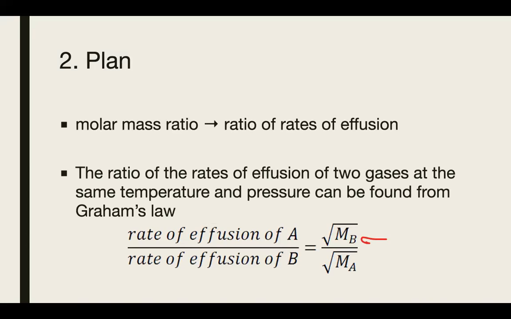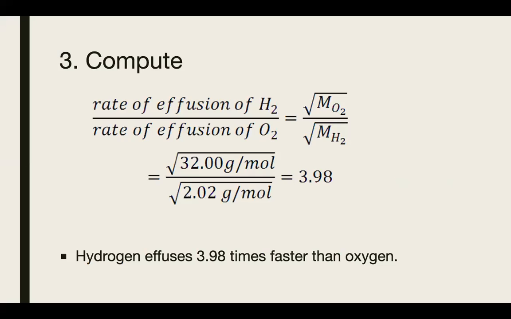They've given us the identities, which means we can use the periodic table to calculate the molar mass. Using that, we're going to find the ratio for the rates of effusion. Keep in mind that whatever gas you have on top for the rate of effusion has to be on the bottom for molar mass, because they're opposite.